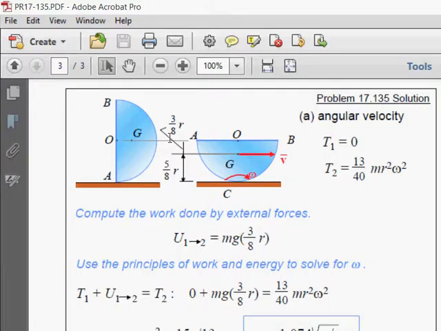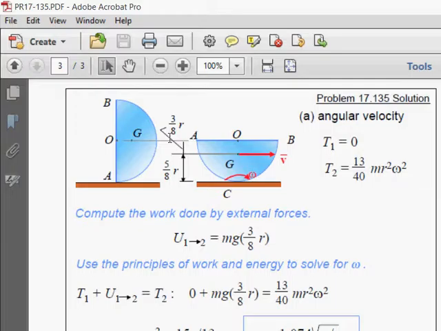What's the work done by the external forces in this particular case? Do you see it in there? The center of mass was in the middle at the point O. But when the same hemisphere is on its side, then G has come down somehow.